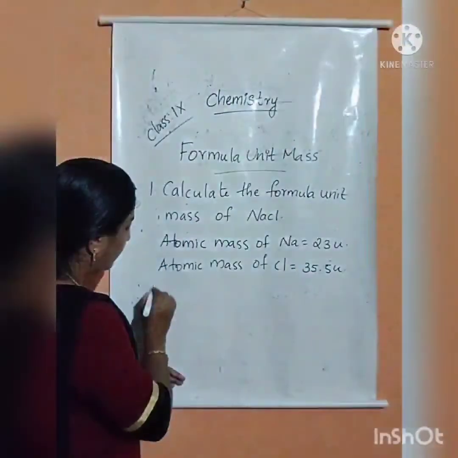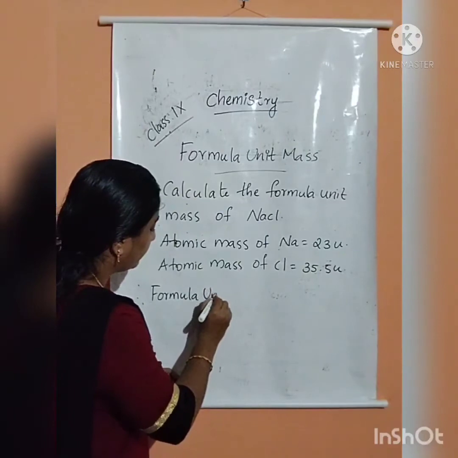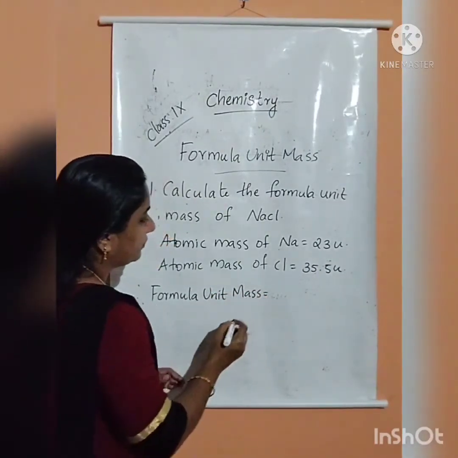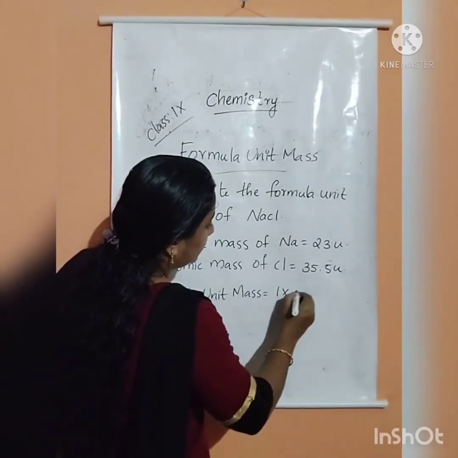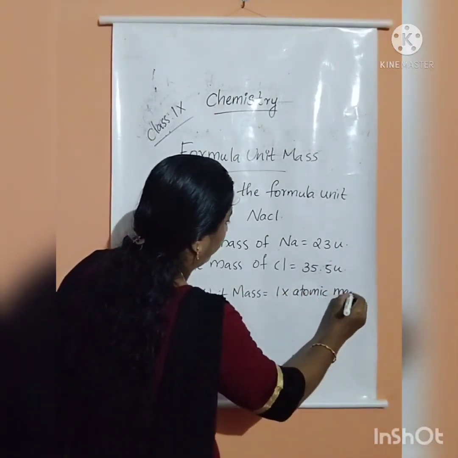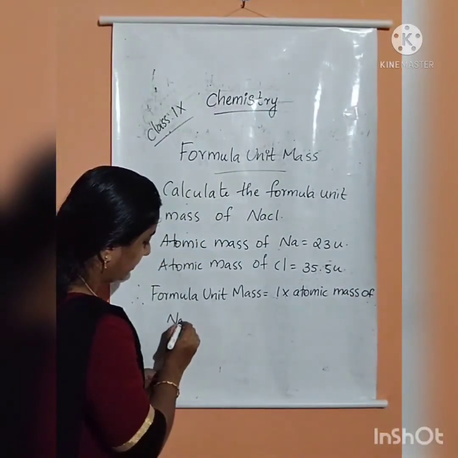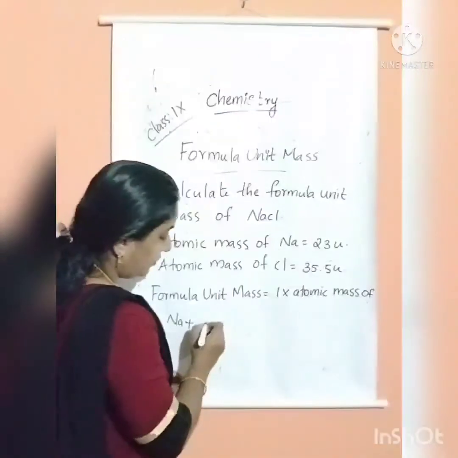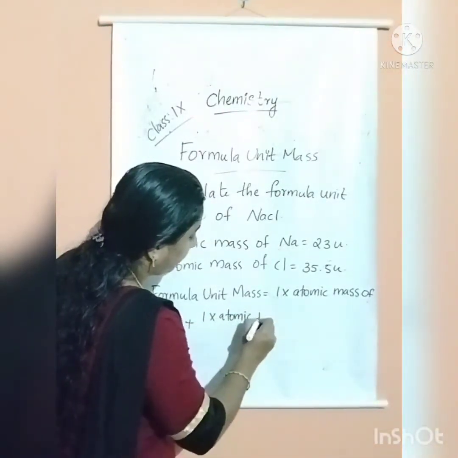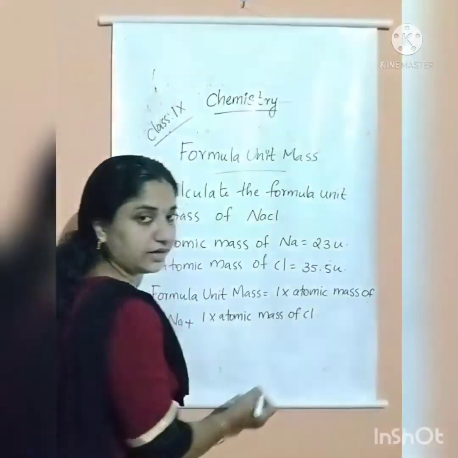Therefore, formula unit mass equals 1 into the atomic mass of sodium plus 1 into the atomic mass of chlorine.